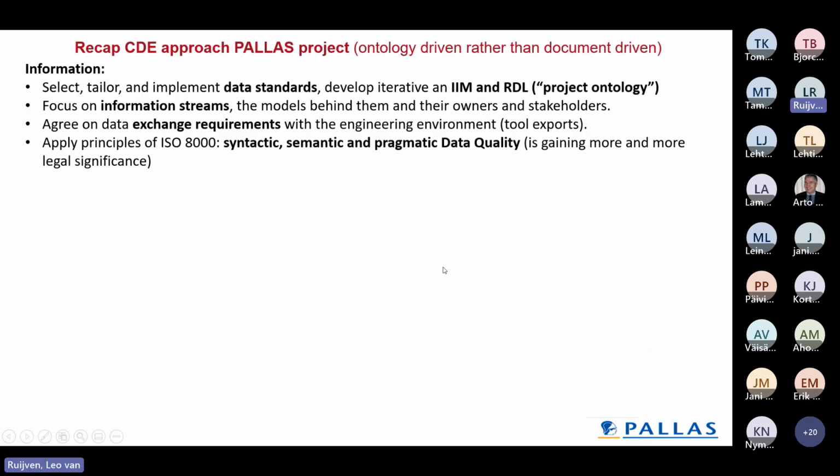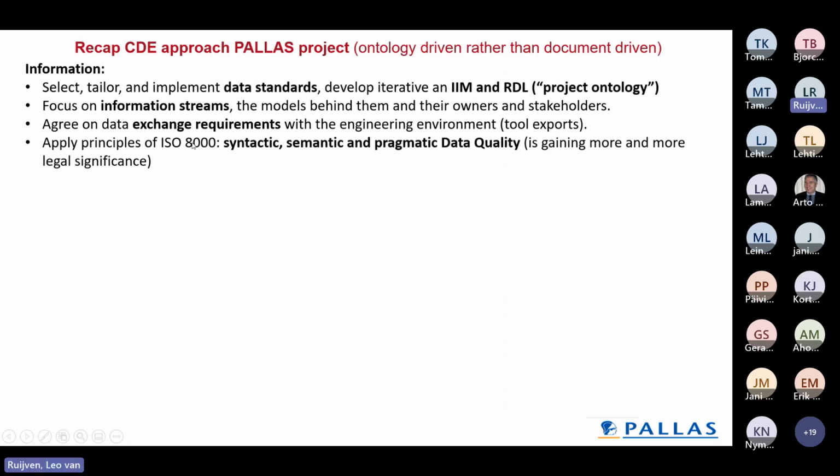Recap. From the information point of view, you have to select and tailor data standards and really develop an iterative information model and RDL appropriate for your project. And you can reuse, of course, existing information models.